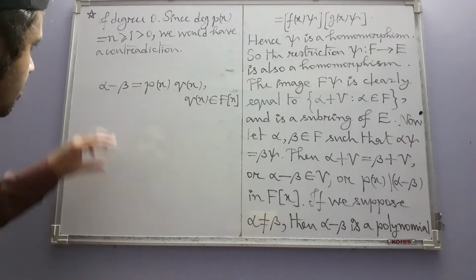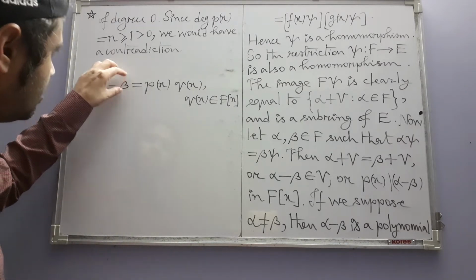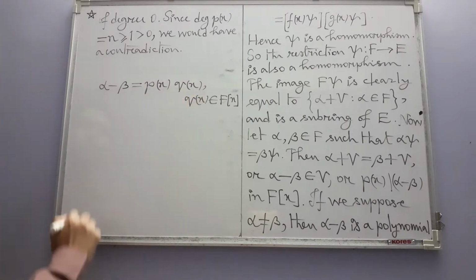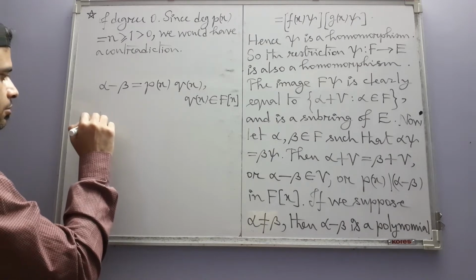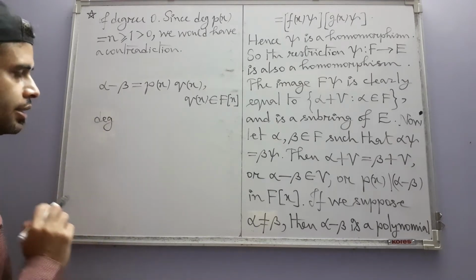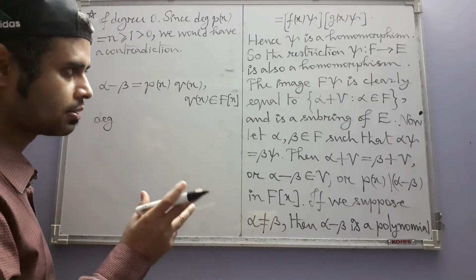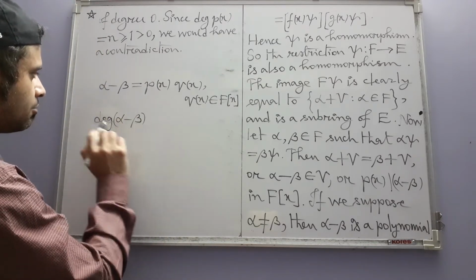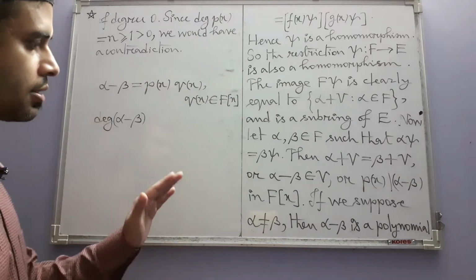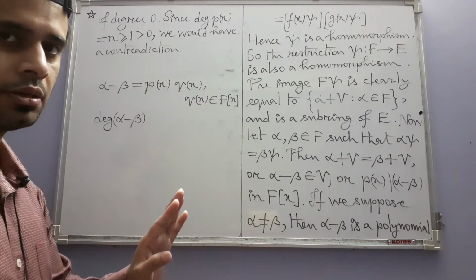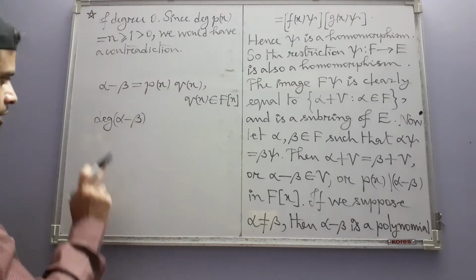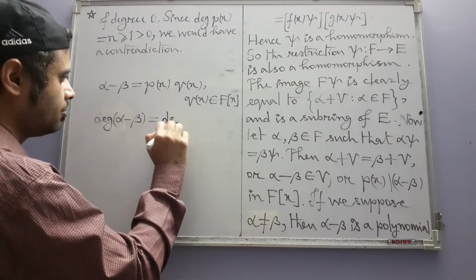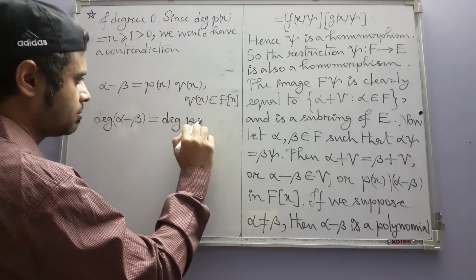Now, non-zeroness of alpha minus beta implies q of x also has to be non-zero. So then you apply the degree formula that we came across in the section on polynomial rings. We are doing all these things under the supposition that alpha minus beta is non-zero, so that's why its degree exists. By the degree formula, we would then have this.